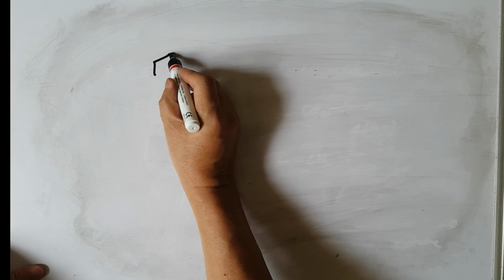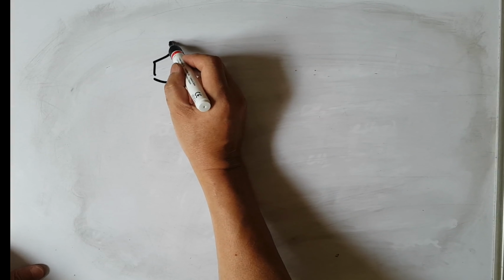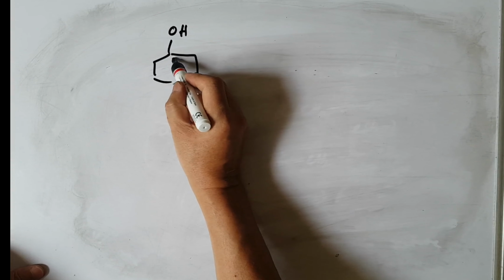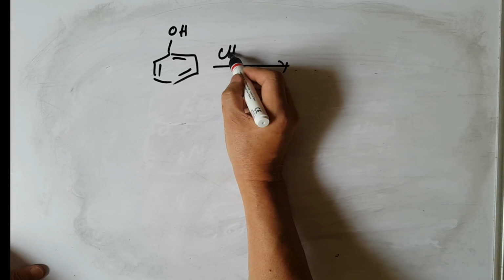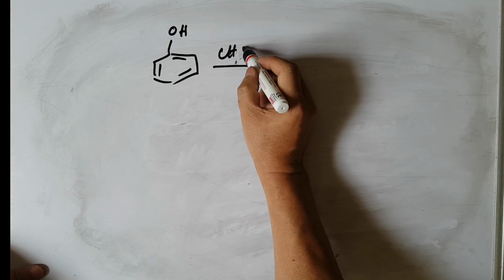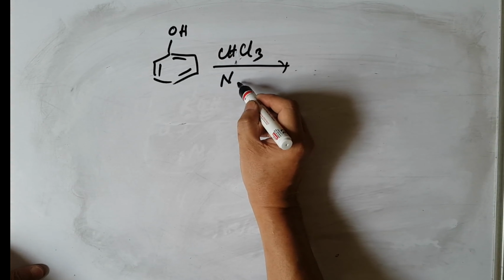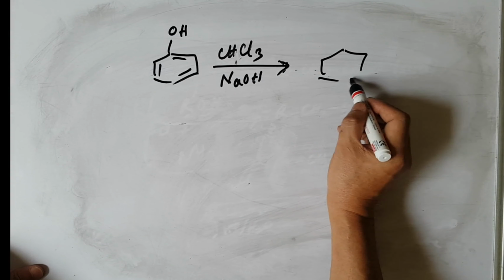So from the last lecture, phenols in the presence of chloroform, CHCl3, and an alkali such as sodium hydroxide are converted to salicylaldehyde.